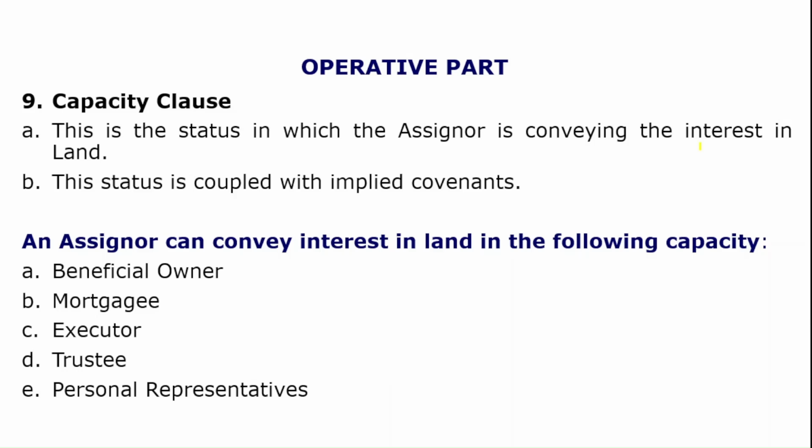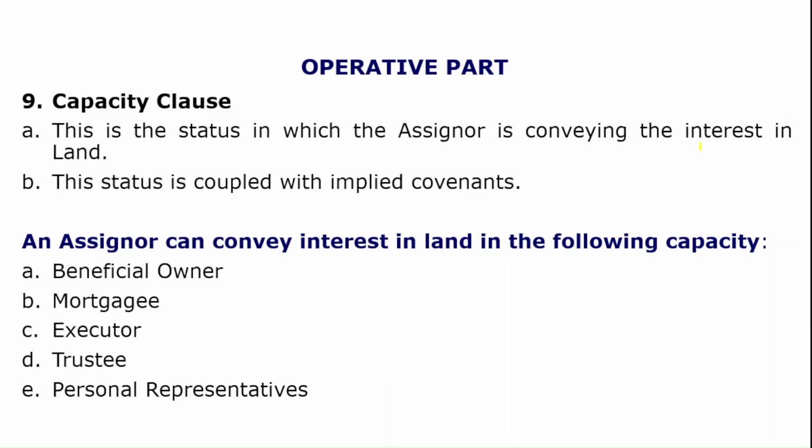It is just so that you can use that interest in land to secure the repayment of that loan that the mortgagee has advanced to the mortgagor. So let's take it to be that the mortgagor now defaulted in repaying back the loan advanced to him by the mortgagee. Now the mortgagee wants to exercise his power of sale, because one of the rights available to the mortgagee in a mortgage transaction is the power of sale. So now he wants to exercise that power of sale.